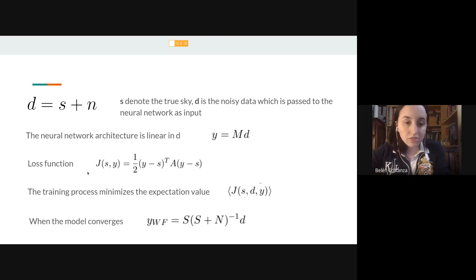We define the loss function as the squared difference between the signal and the prediction of the neural network, and the training process minimizes the expectation value of the loss function. When the loss function is minimized, or the model converges, the matrix M is equal to the Wiener filter matrix, which means that after the training of the neural network, if we make predictions with the neural network on the data, we are applying the Wiener filter to the data.